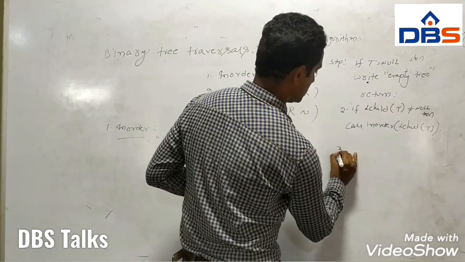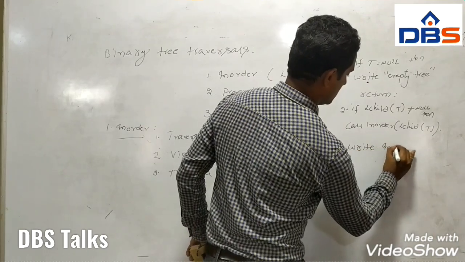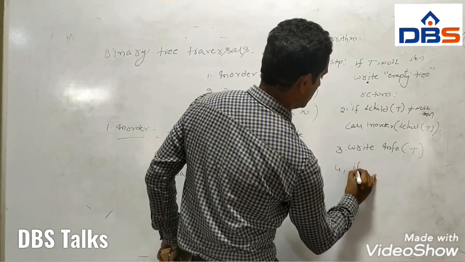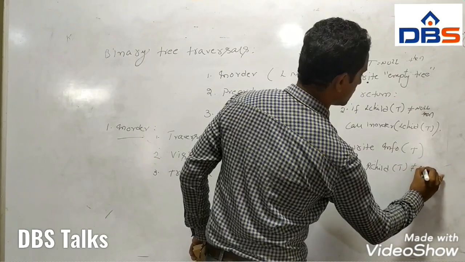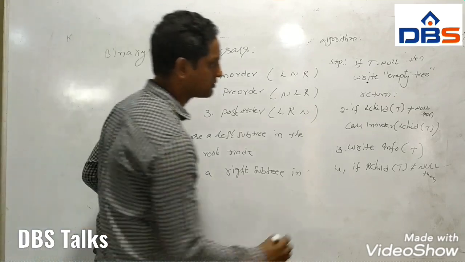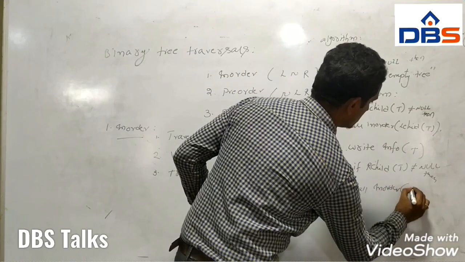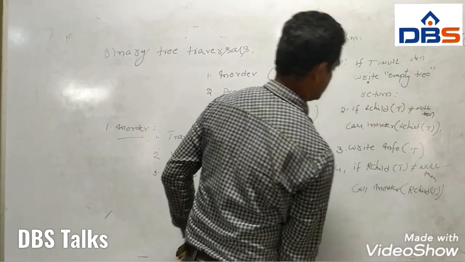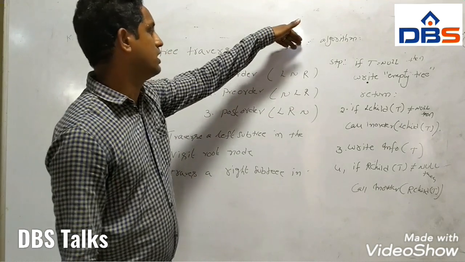And third one, write info of T, and fourth one, if R child of T is not equal to null, then call inorder of R child of T. This is the process of inorder.